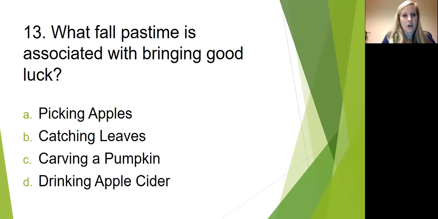Question 13. What fall pastime is associated with bringing good luck? Is it A, picking apples, B, catching leaves, C, carving a pumpkin, or D, drinking apple cider?